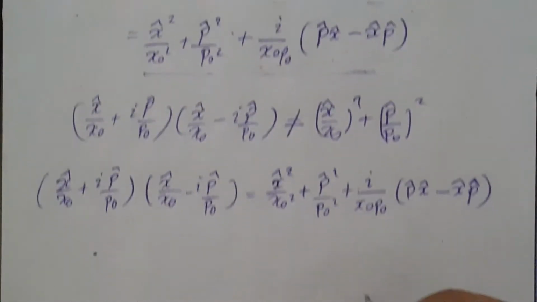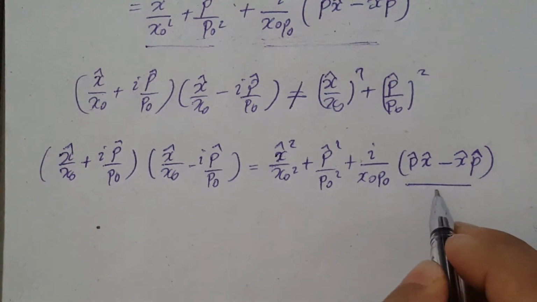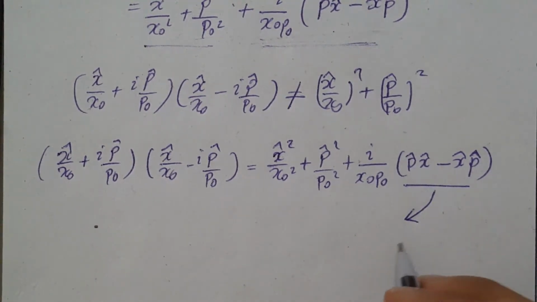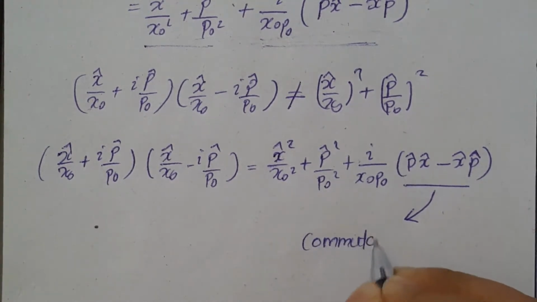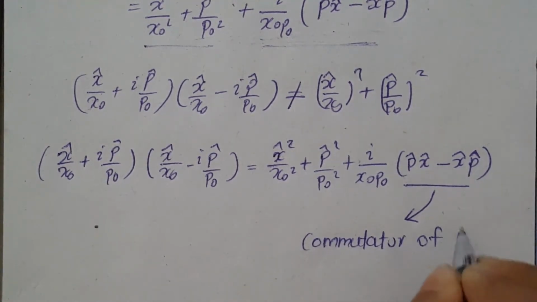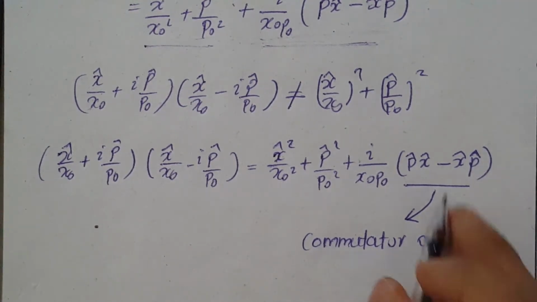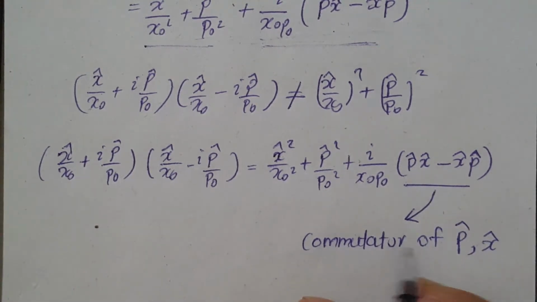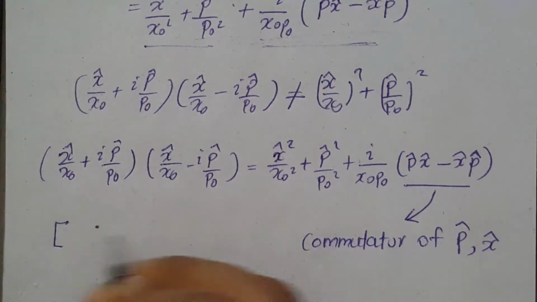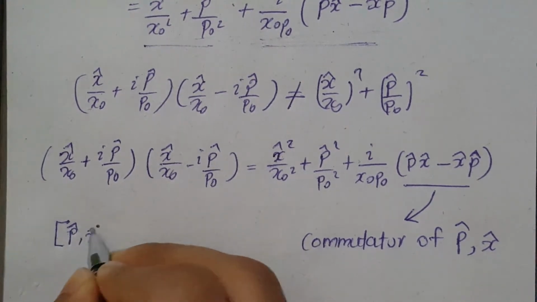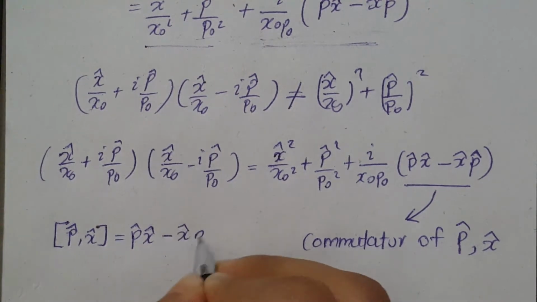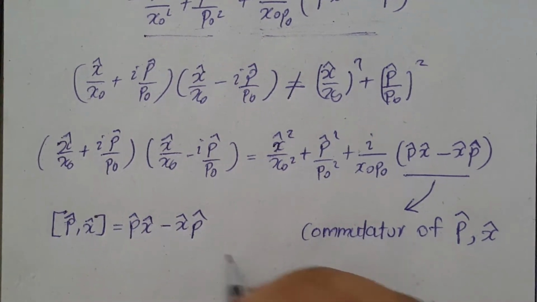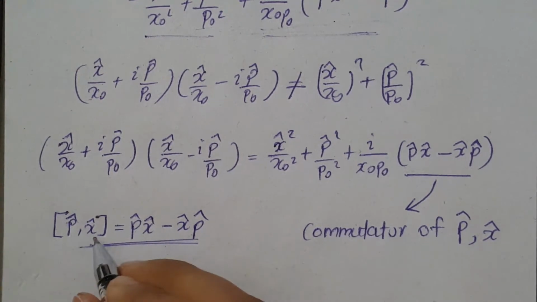Now this expression, I hope you already know, is called the commutator of p cap and x cap. There is a symbol for writing that: we write it using square brackets, [p cap, x cap] = p cap x cap minus x cap p cap.